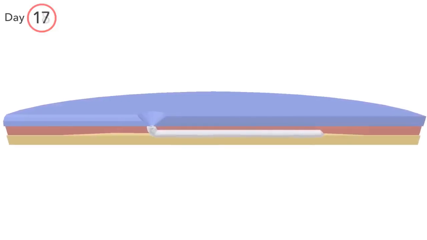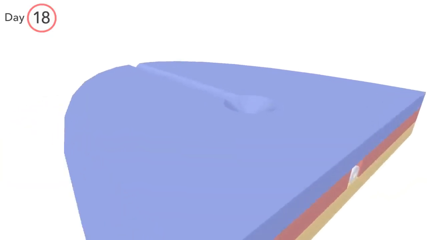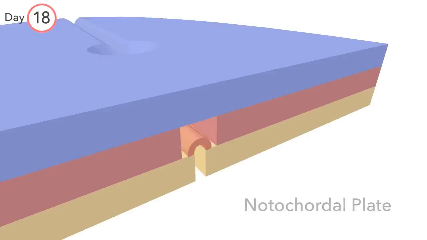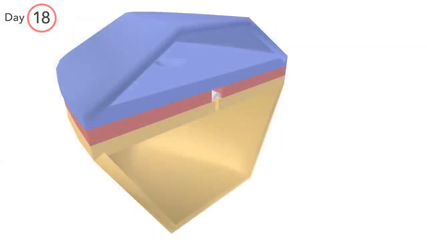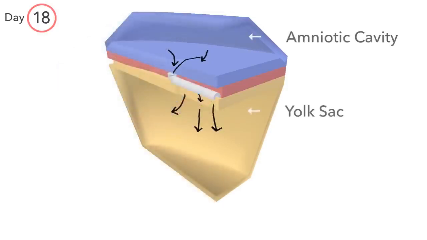Around day 18, the notochordal process fuses with the endoderm. From this to this. It's now known as the notochordal plate. Being continuous with the primitive node, this now allows free passage between the amniotic cavity and the yolk sac.